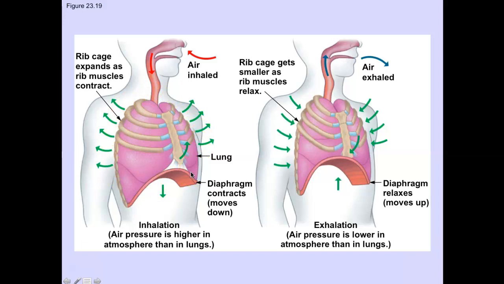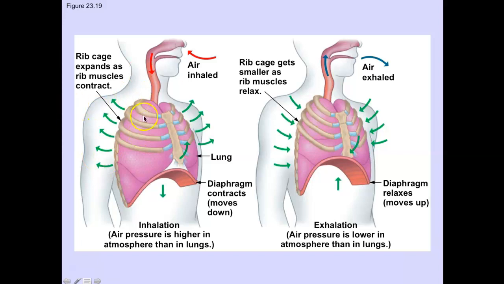There's a relationship between the size of your thoracic cage and the pressure. The bigger the size of the thoracic cage, and by bigger, I mean the volume is large, the air pressure is low. There's an inverse relationship between volume and pressure. As the volume goes up, the pressure drops.